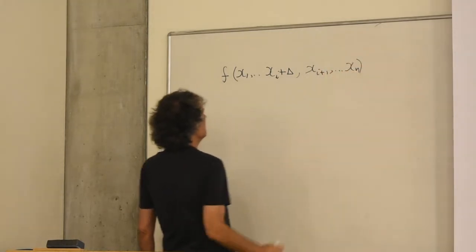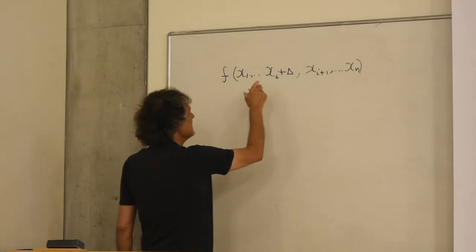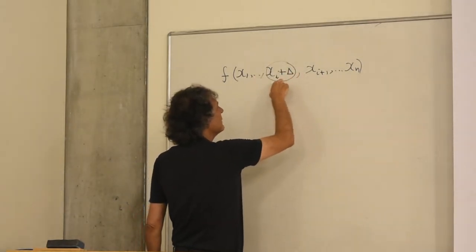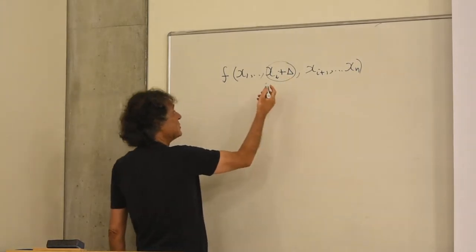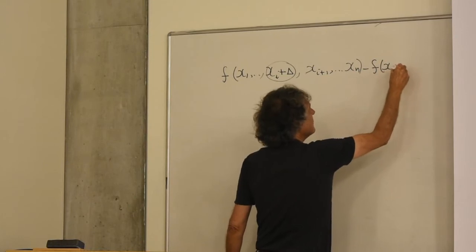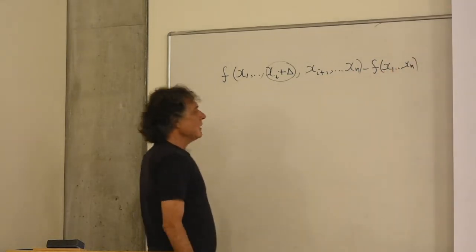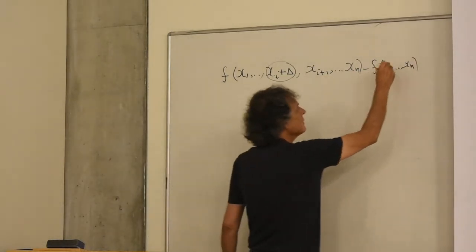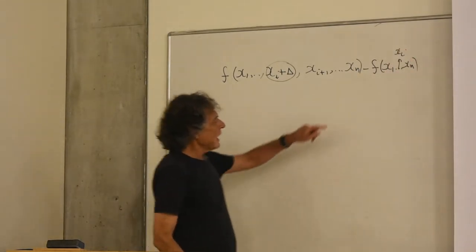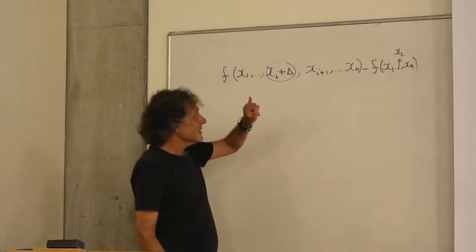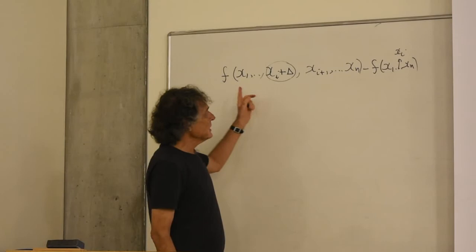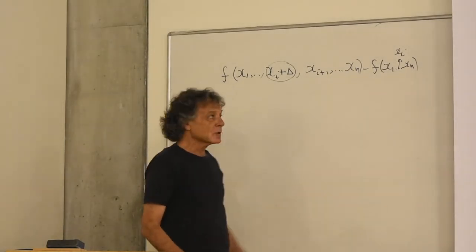I just see what happens if I change only xi, I put a little bit more. What is the change? I have to look at the difference from what was before. Before it was f(x1, ..., xn), with xi before changing. Now I change just xi, and I take a little bit more, xi plus delta. So this is the change in output.